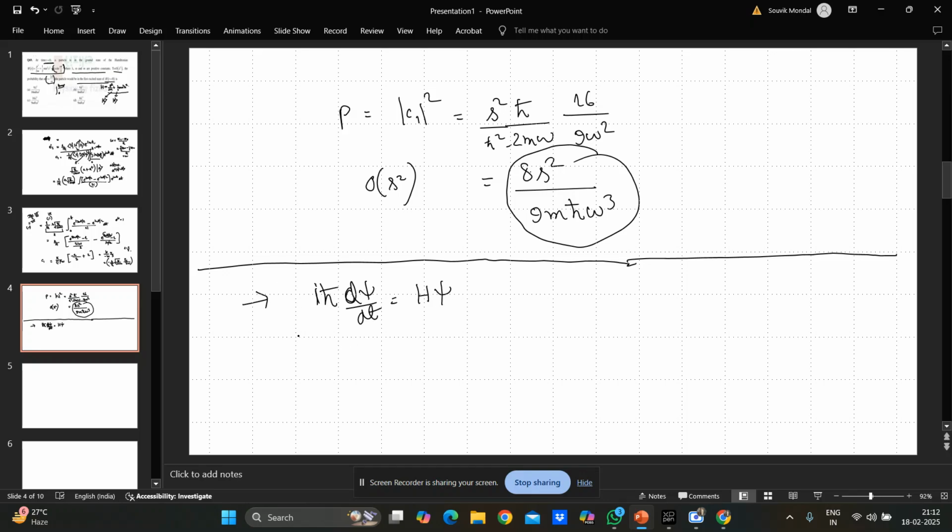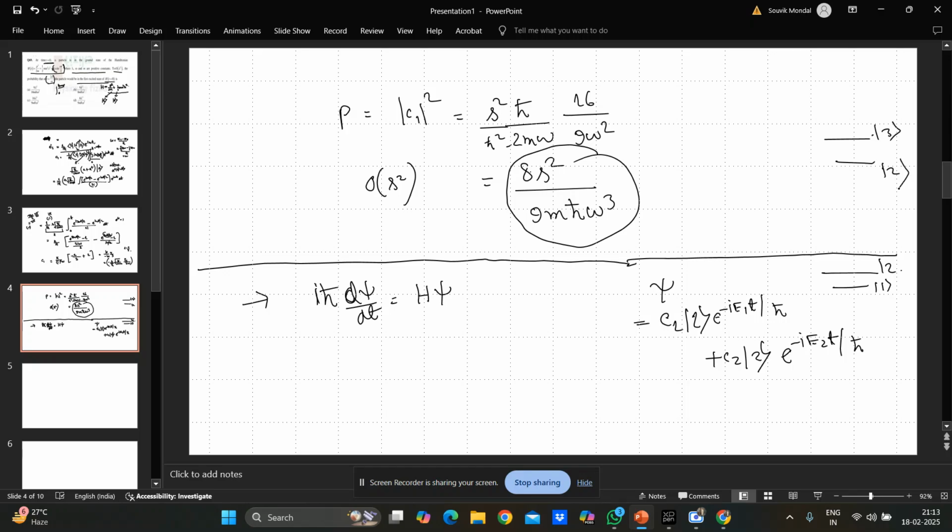Now if you have a two level state, say ket 1 and ket 2, you can write psi as c1 ket 1 e to the power minus i E1 t by h cross plus c2 ket 2 e to the power minus i E2 t by h cross, because we always calculate transition probability between two states. So these are my two states I am considering.